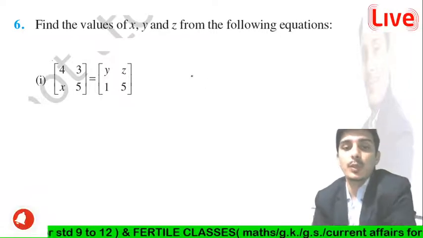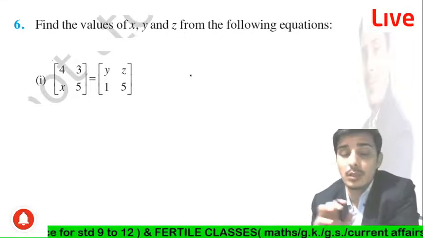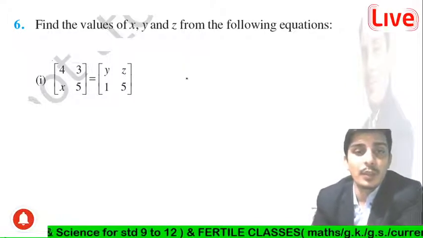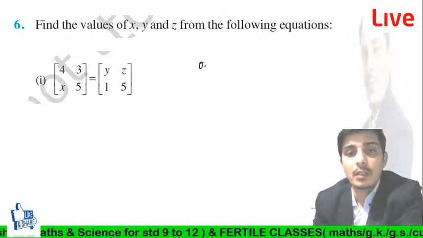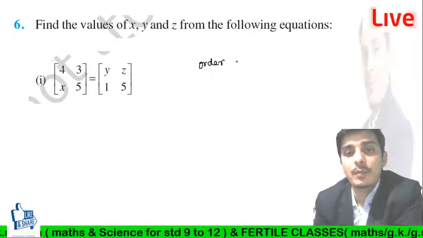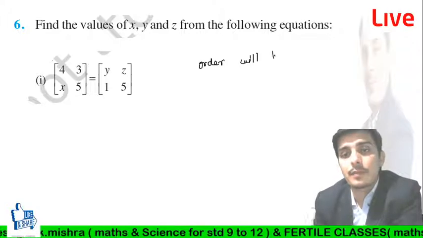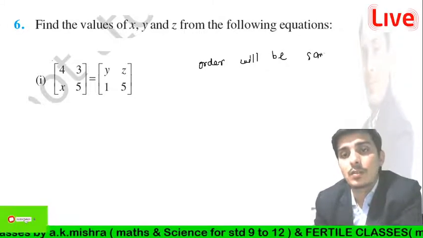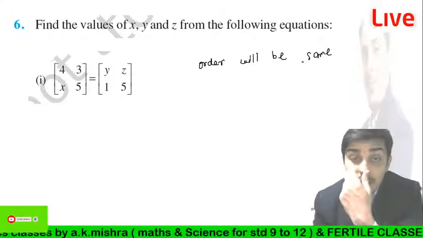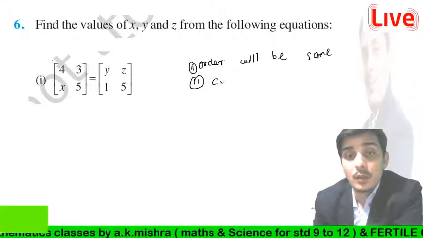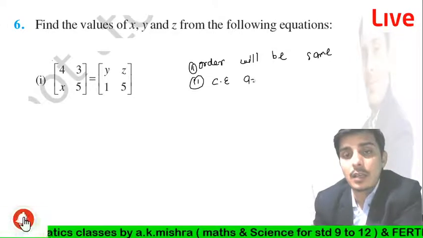So we know that when two matrices are equal, there are two conditions, guys: the order of the matrices will be the same, and another thing is that corresponding elements are equal.